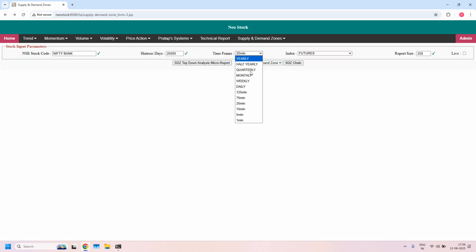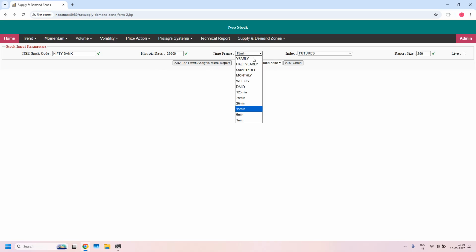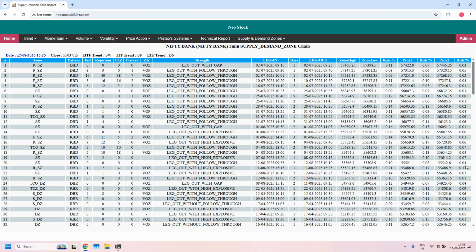Next, generating 15 minutes supply demand zone chain for Bank Nifty. Next, generating 5 minutes supply demand zone chain for Bank Nifty. The nearest demand zone for the current closing price is serial number 24.